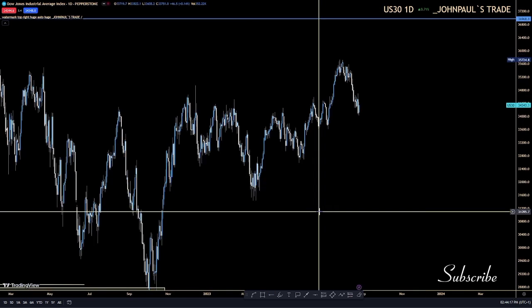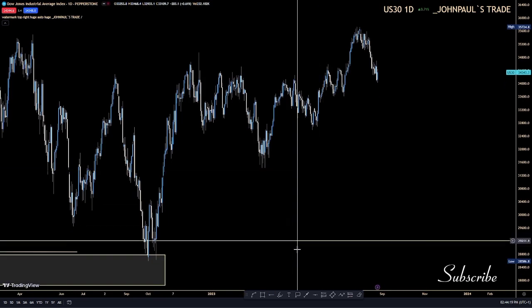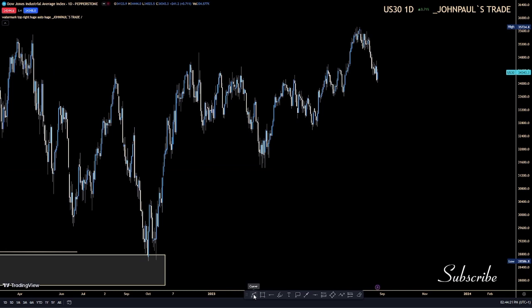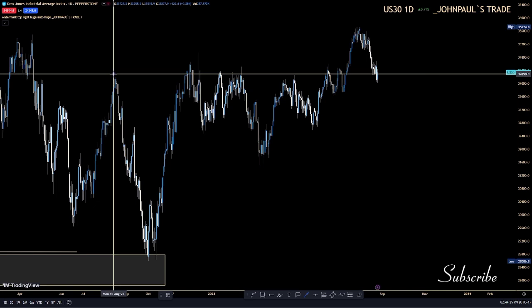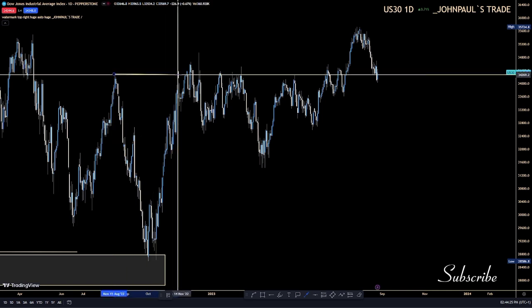After it has confirmed that high, then we can start to trade the sell all the way down again.